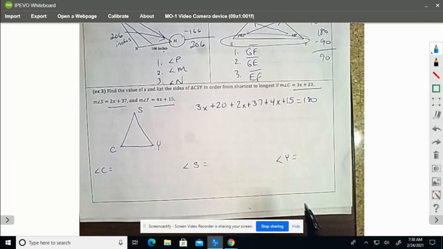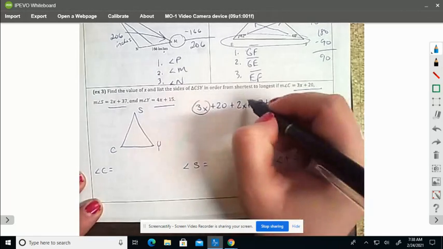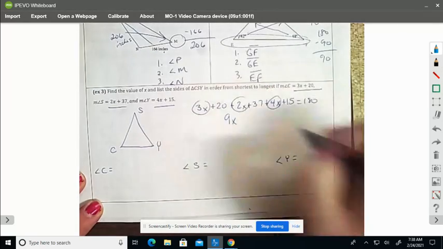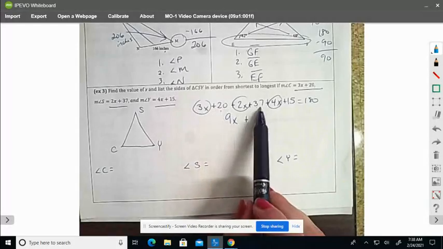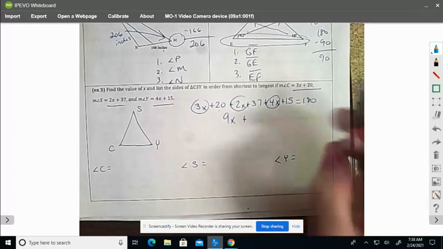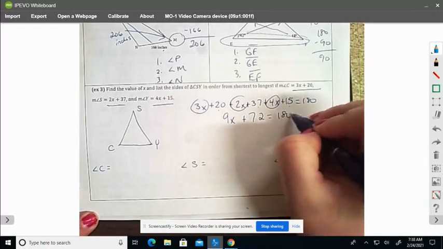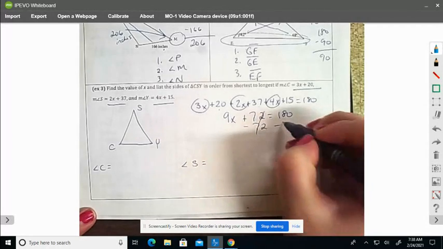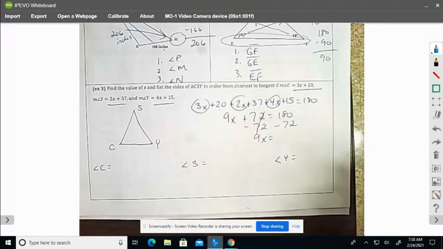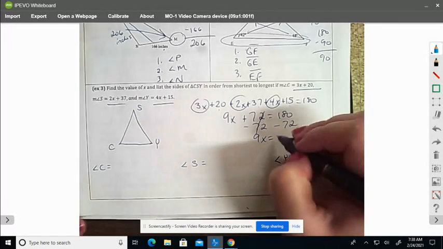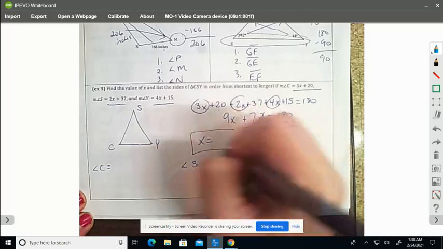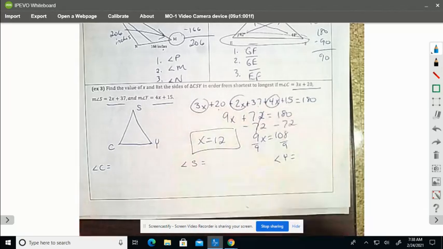First I'm going to combine all my x's: 3x, 2x, and 4x will give me 9x. And then I have 20, 37, and 15, which will give me 72. To finish solving, I'm going to take away 72 from both sides. I get 9x equals 108. And if we divide by 9, we get that x is equal to 12.